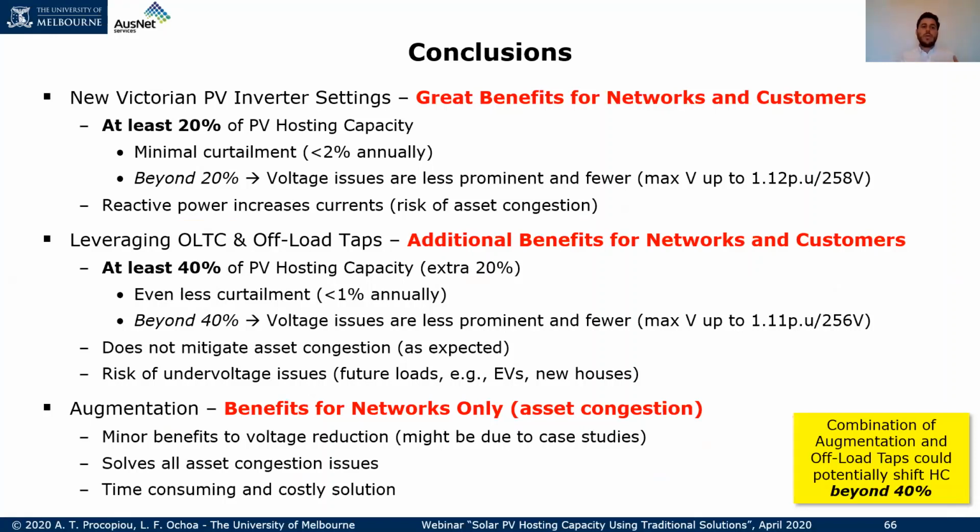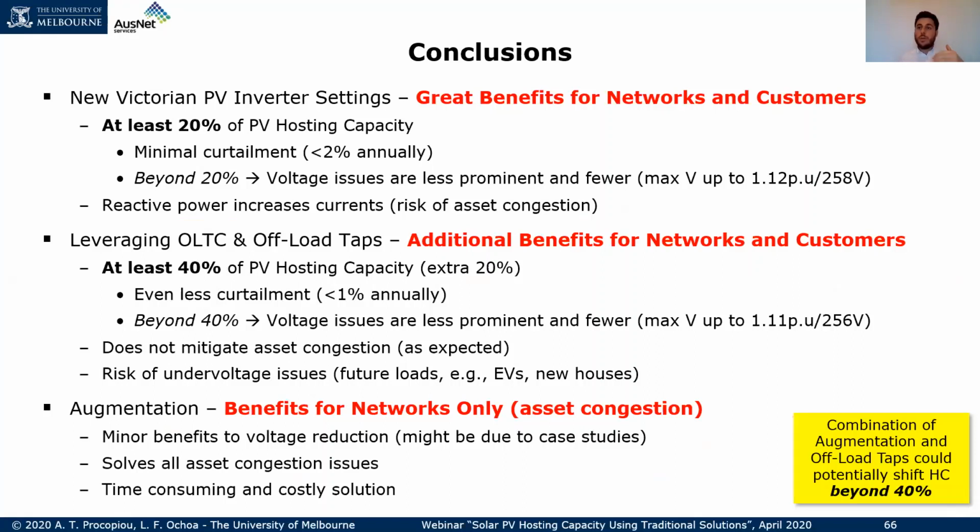Now, tapping into on-load tap changers and off-load tap changers allows us to increase the benefits to the networks and the customers as well, and this translates to at least 40% of PV hosting capacity in the worst case scenario, which means that we have 20% more customers being able to install PV technology.